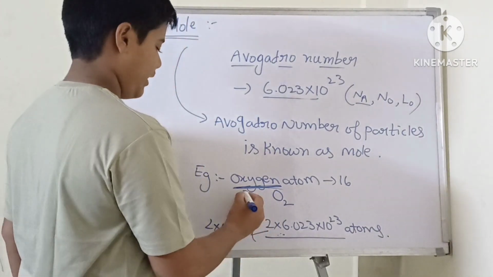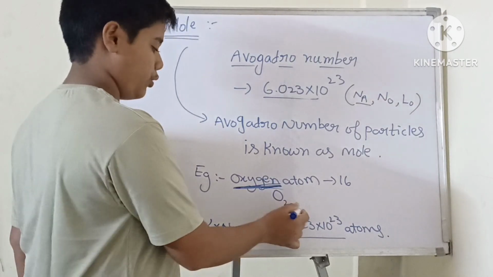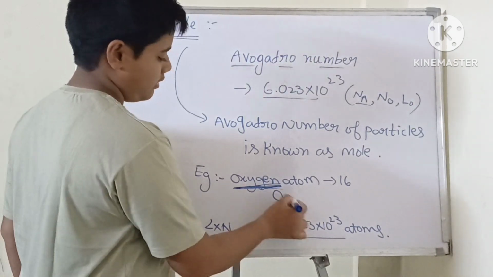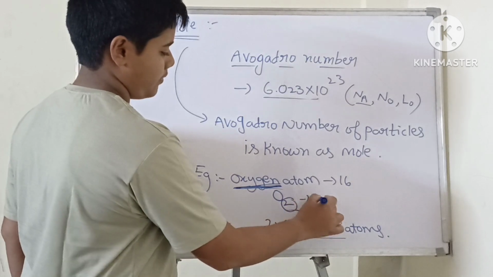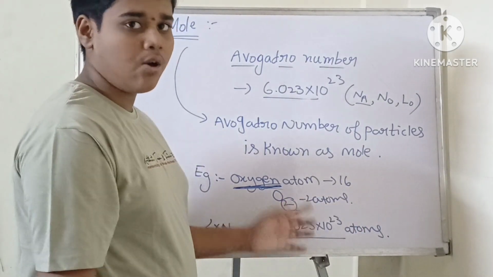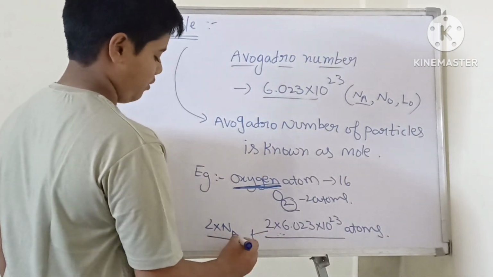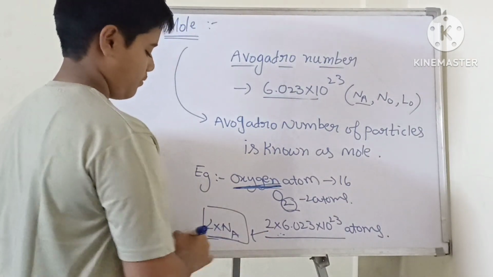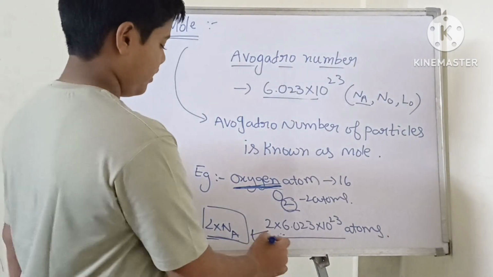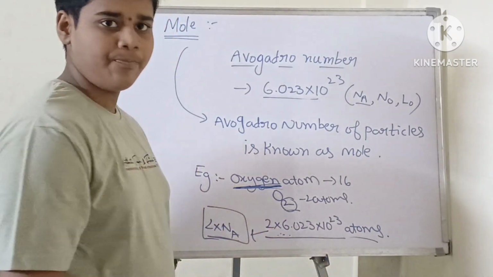Here the oxygen molecule is O2, and in this there are 2 atoms. I am asking to find how many atoms there are, so we write 2Na. 2Na means 2 into 6.023 into 10 power 23 atoms.